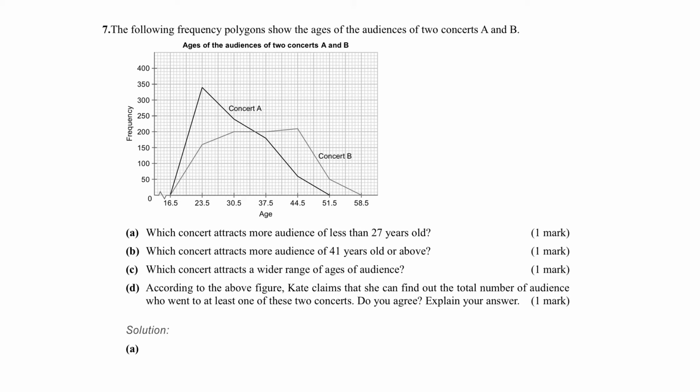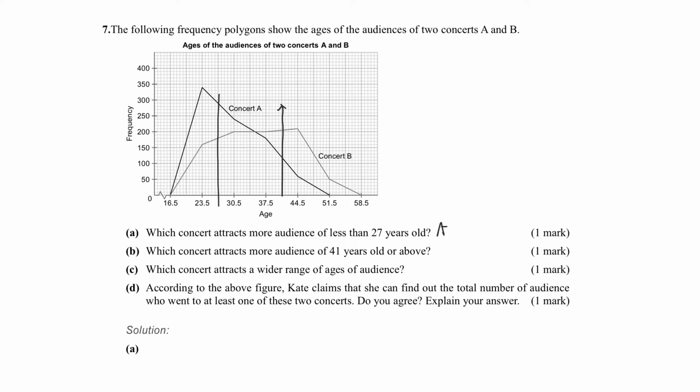For this one, less than 27 years old, that means you have to look at this one. I guess you can see that A will attract more audience who are less than 27 years old. And then for 41 years old, the point is here.